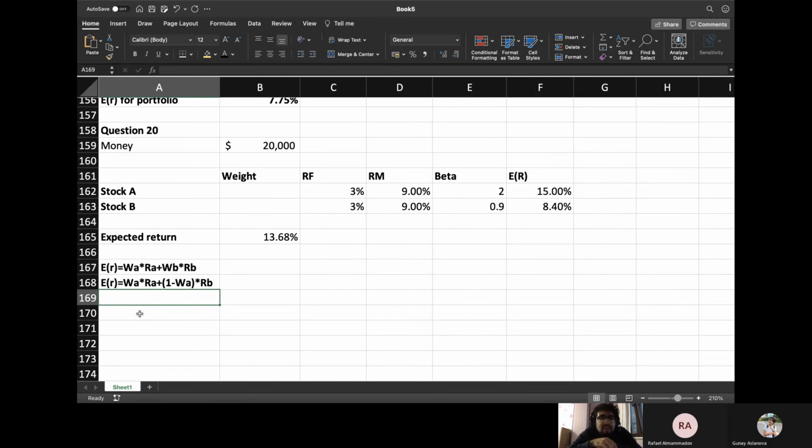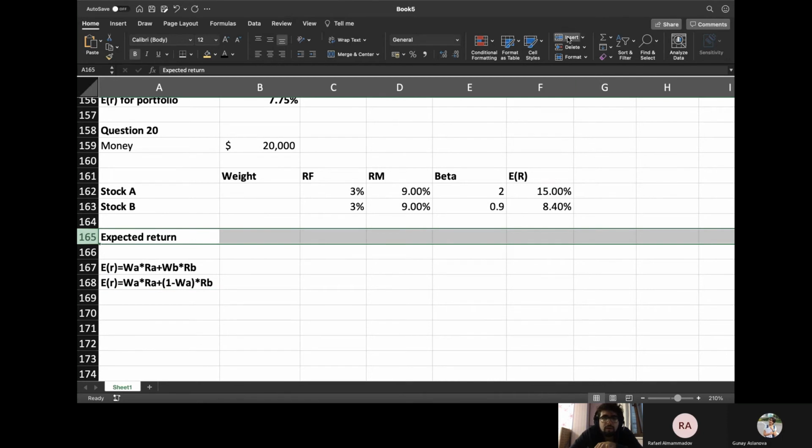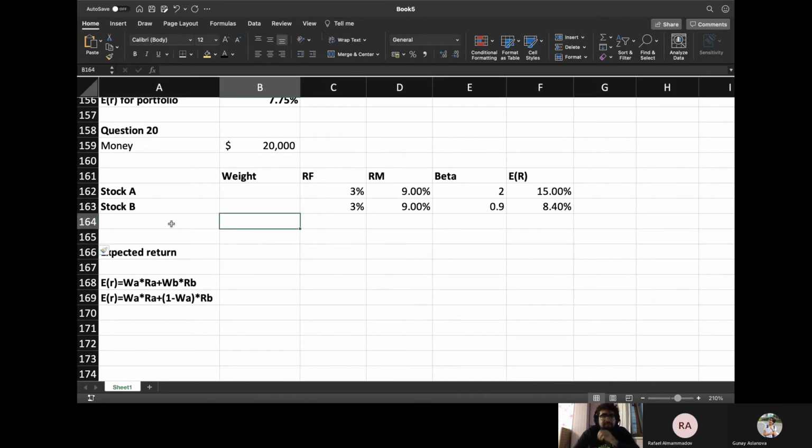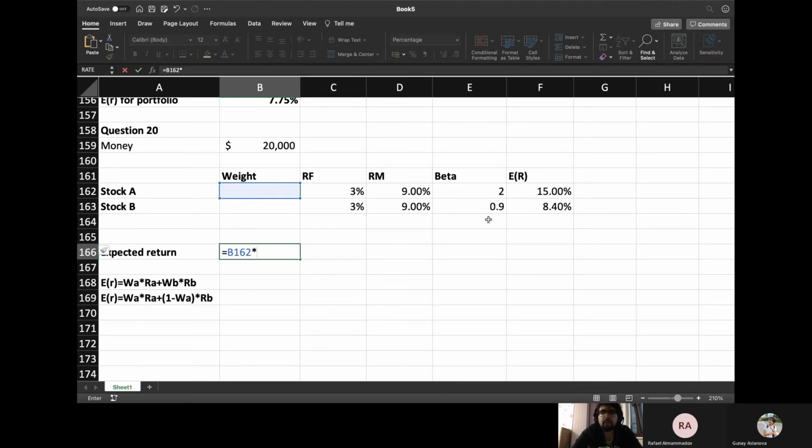But let's do it with Solver. How to do it with Solver? Let me delete it. Insert the cell again. Expected return should be weight of A multiplied by expected return of A plus weight of B multiplied by expected return of B. It is currently 0 because we don't have weights.